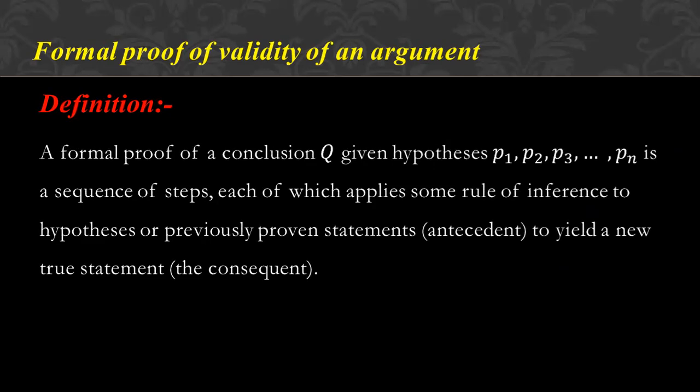Then, depending on the rules of inference that we have seen previously, let us see the formal proof of validity of arguments. First, let us define what a formal proof of an argument is. The definition is that a formal proof of a conclusion Q, the conclusion of the argument, given the hypotheses P1, P2, P3 up to Pn, is a sequence of steps, each of which applies some rule of inference to the hypotheses, previously proven statements or antecedents to yield a new true statement.